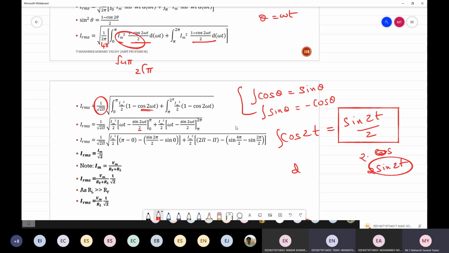I hope you know this. Now I'm trying to substitute the limits. First here, next here. So this is pi minus 0. Here sine 2 pi, sine 0.